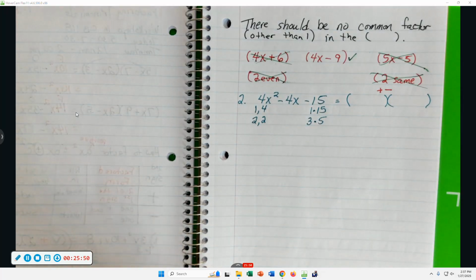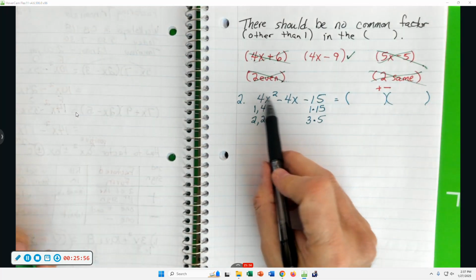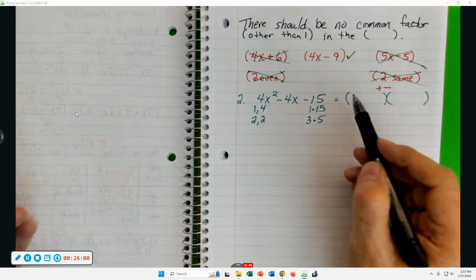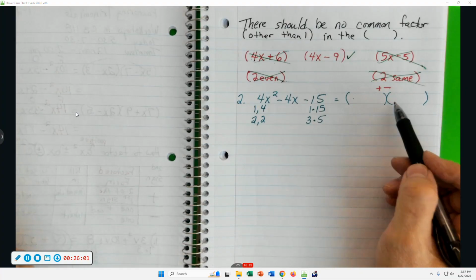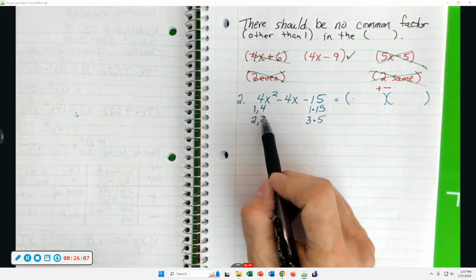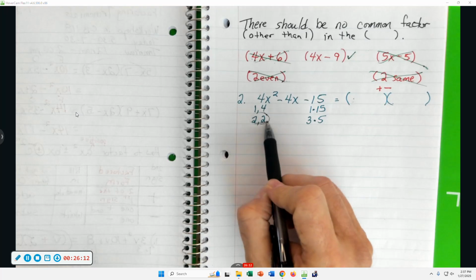So at this point, it's up to you. What do you want to try with the 4? I always start here first. I can either go 1x times 4x or 2x and 2x. My thoughts usually start with the pairs that are closest together.